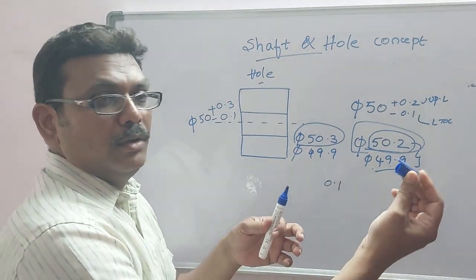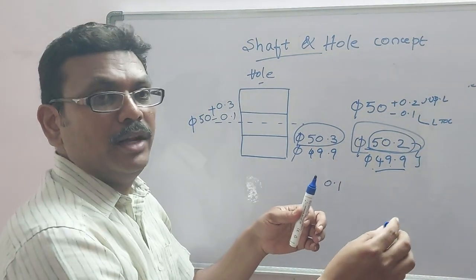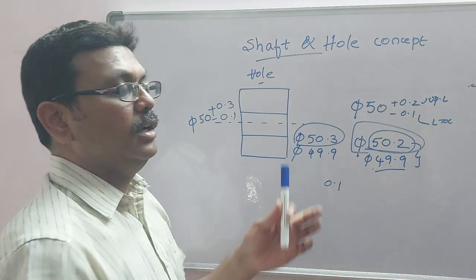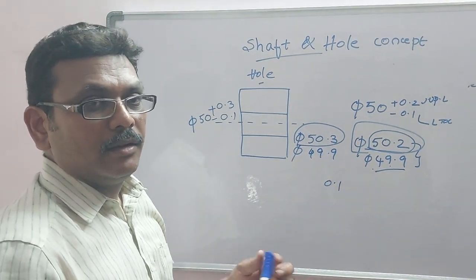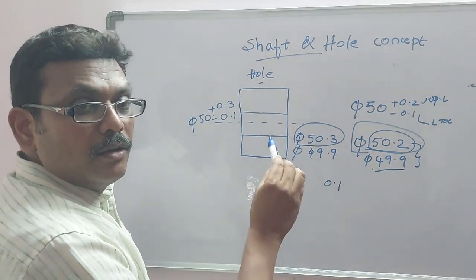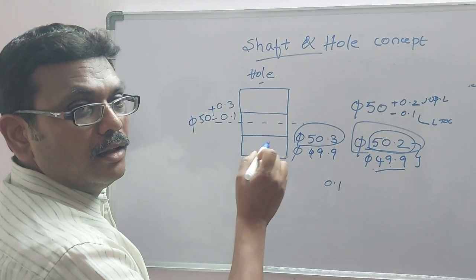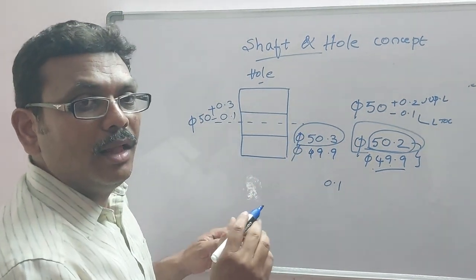And the hole, take it as a whole, is going to be manufactured with a maximum of 50.3, wherein it will fit into it. Right? So this is the concept of assembling two components with respect to tolerance.